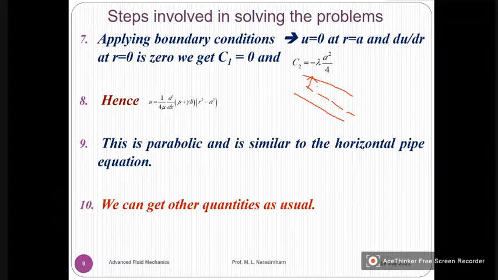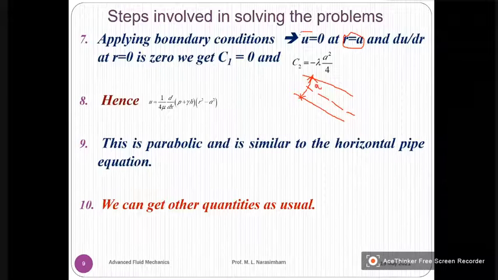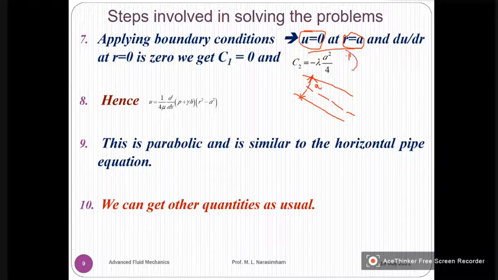The radius is a. So at r equal to a, that means either this point or this, the velocity is 0. This is one boundary condition.